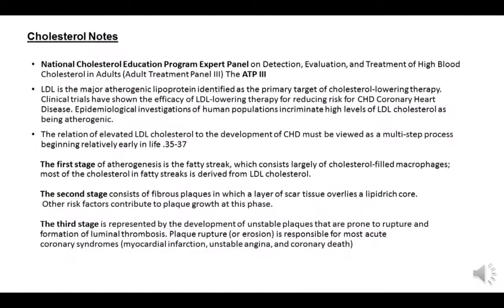I want to give some background information on the cholesterol notes so that we can understand the complexity of it, but also to help us understand the process. So basically, Joe's notes take what's called the ATP, which is the Adult Treatment Panel 3, which is part of the National Cholesterol Education Expert Panel on high blood cholesterol in adults.